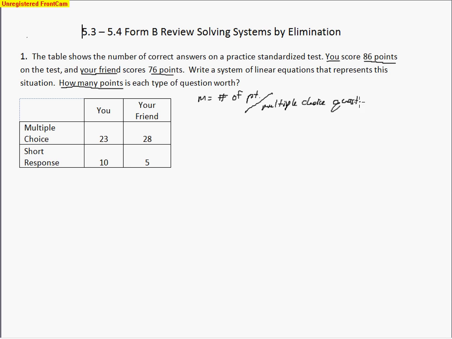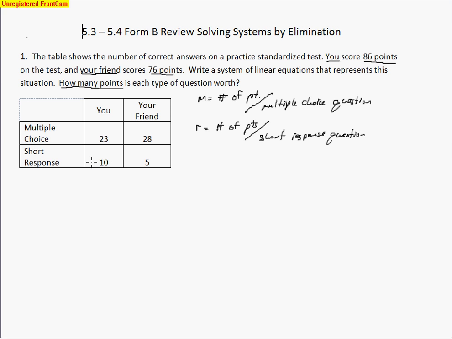And then I'm going to give another variable. I'm going to use R for the number of points per short response question. And so now I've defined my variables.